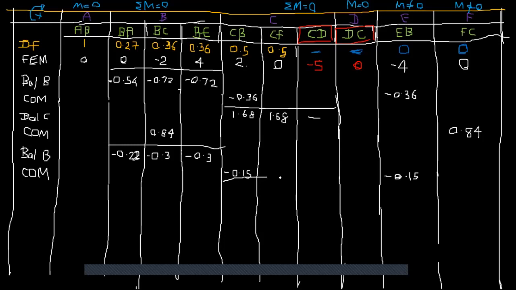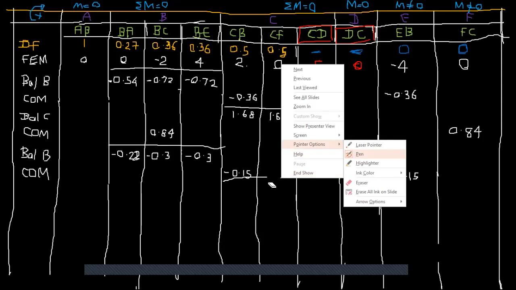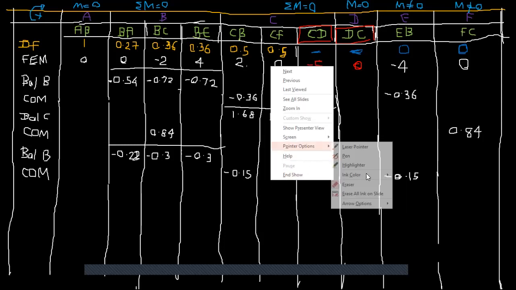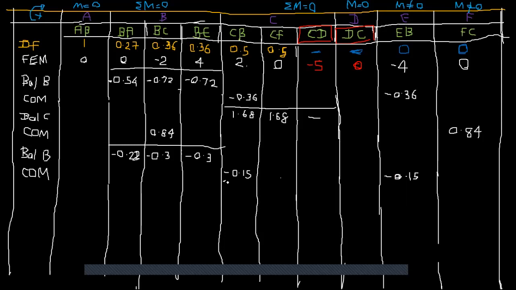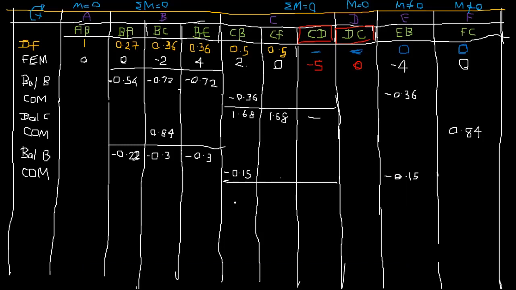So you need to add this value. How are you going to add it? According to these distribution factors, right? So you can go ahead and try 0.15 times, so that's taken by these two members, 0.075, right?